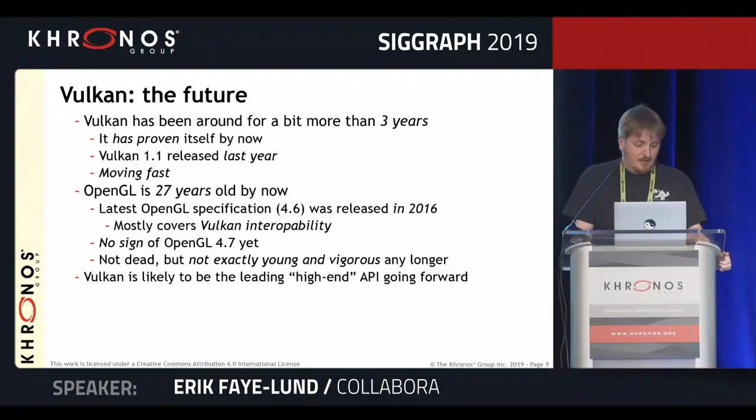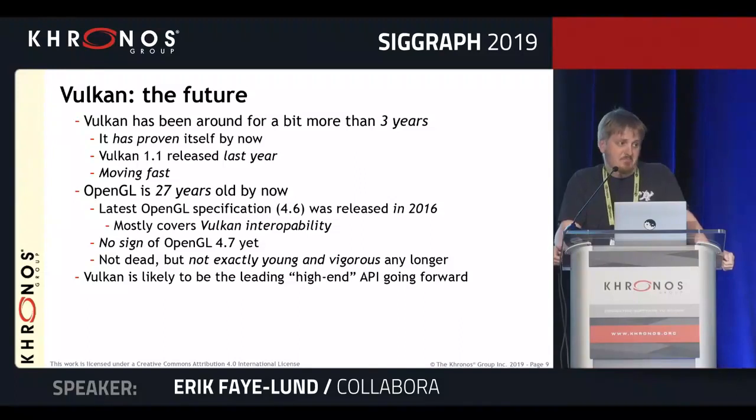Maybe. So Vulkan has been around for more than 3 years, which has been enough, I think, to say that it's a success. It's proven itself, and it's moving fast these days. OpenGL is pretty old by now, and it's moving at a much slower speed.